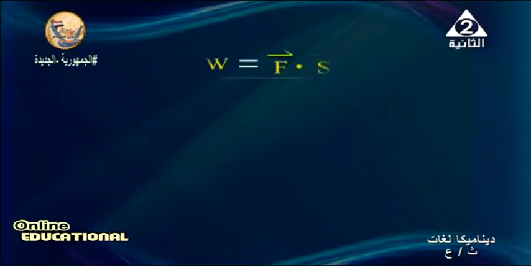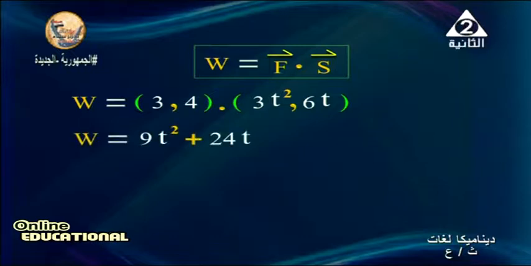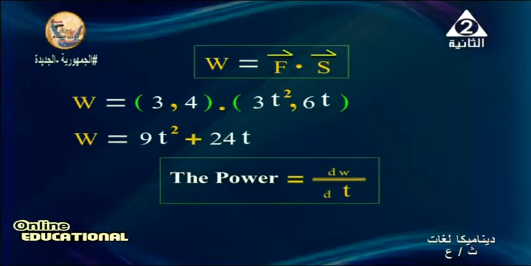Dear students, we know that the work W equals vector F dot vector S. Work equals vector F, which is 3 and 4, dot vector S, which equals 3t power 2 and 6t. Then the work equals 9t power 2 plus 24t. Now the power is the derivative of the work with respect to time, dW/dt.